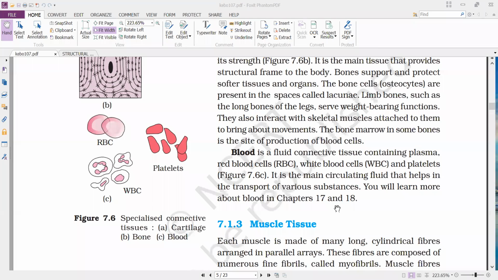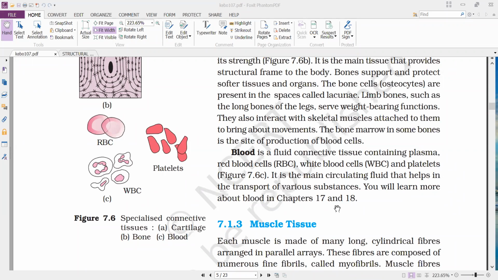The plasma accounts for about 55% of the blood, and 45% is cellular components, which include the red blood cells, or erythrocytes, or red blood corpuscles.